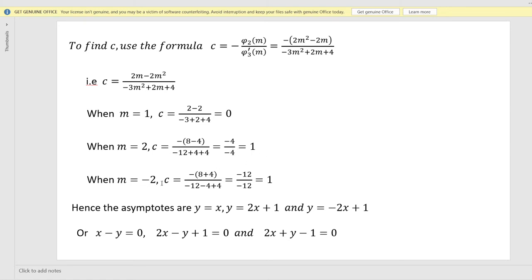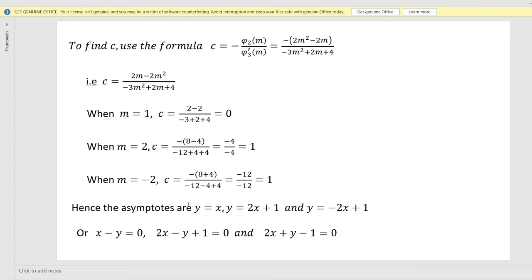In a similar way, m is equal to minus 2. Minus of 2 into 2 square is 4, 4 2s are 8 plus 4, divided by minus 12 plus minus 4 plus 4 minus 12, that is 16 minus 16 minus 12, and we get 1 again.